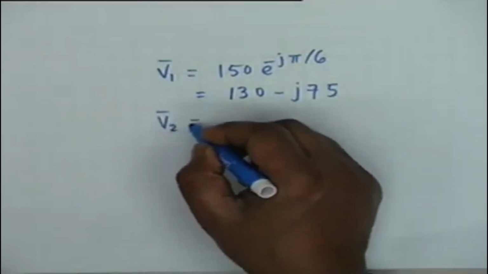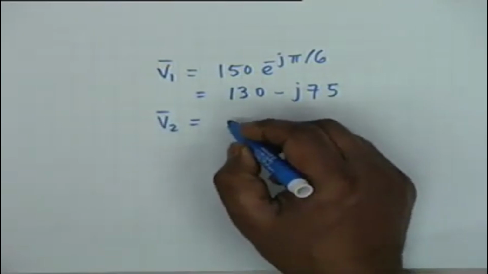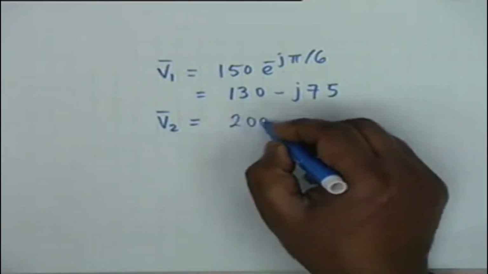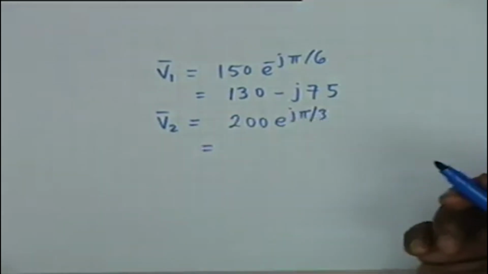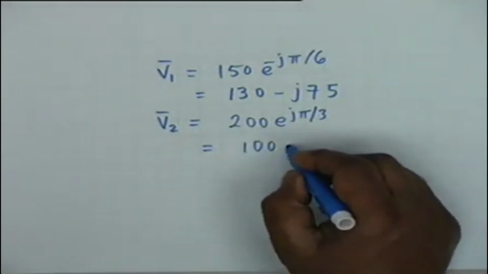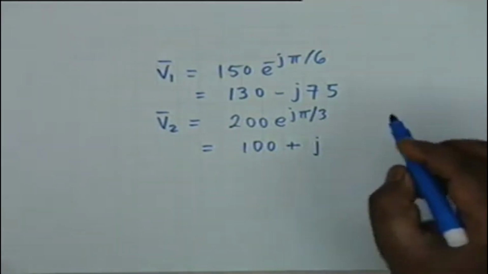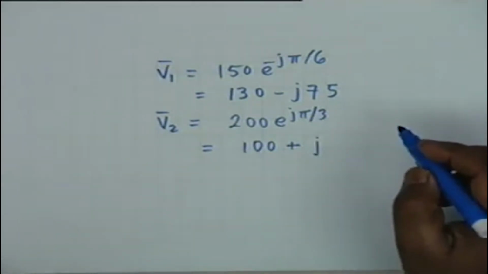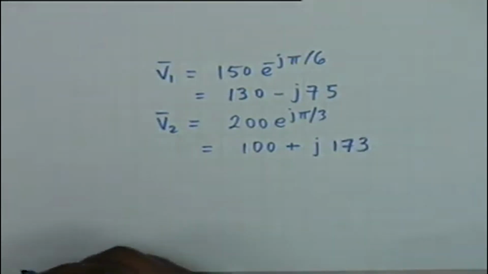Similarly, you represent V2 in terms of rectangular coordinates, this will be 200 e to the j pi by 3. So 200 cosine pi by 3, that is 100, plus j 200 sine pi by 3, 200 times root 3 by 2, which comes out as 173.